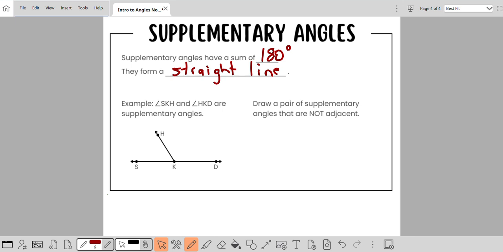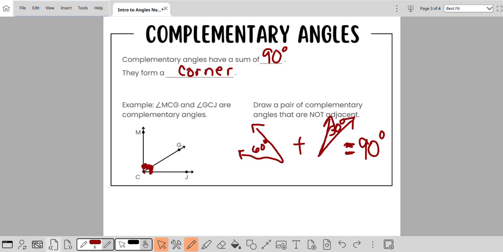You are correct, I do not, but supplementary and straight both start with S's, so sometimes that helps. And I'm going to go back again and look at complementary. Complementary starts with a C, and they always make a corner. So that's something that I would take note of there as well.